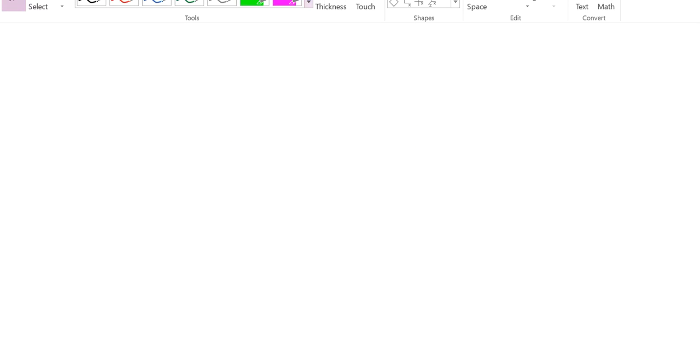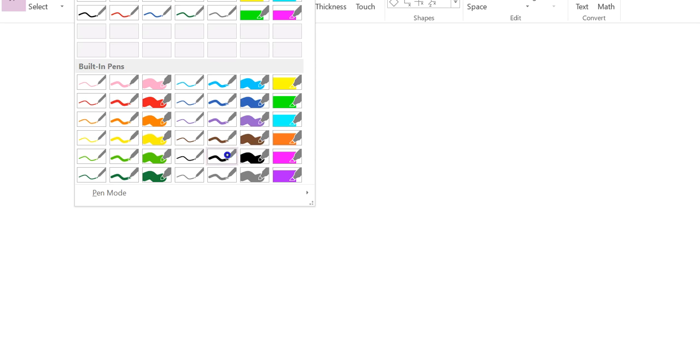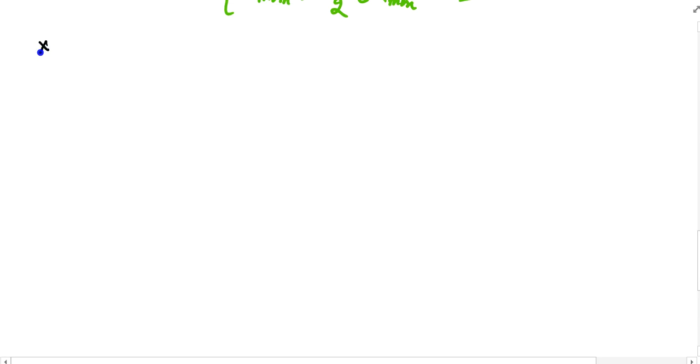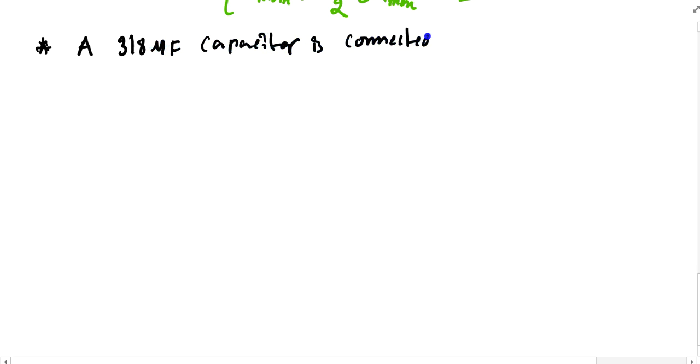To understand this concept in a very clear manner, I will take one numerical and do it so that some of the doubts you may have can be clarified here. A 318 microfarad capacitor is connected to a 200 volts, 50 hertz supply.